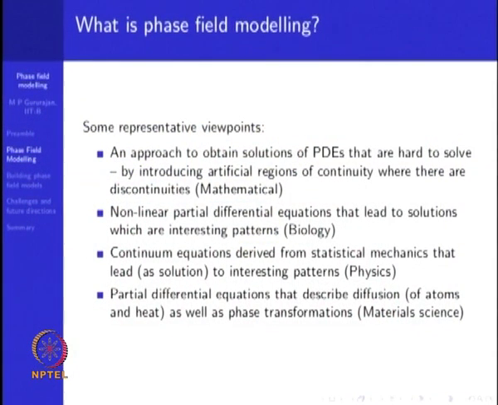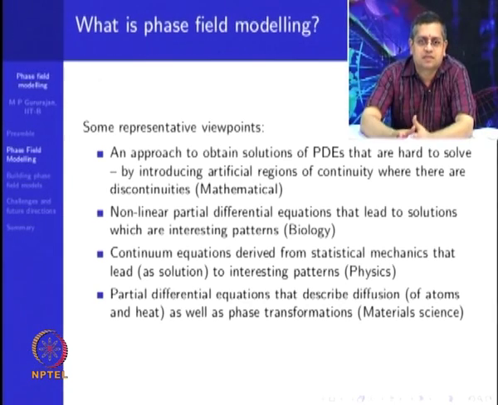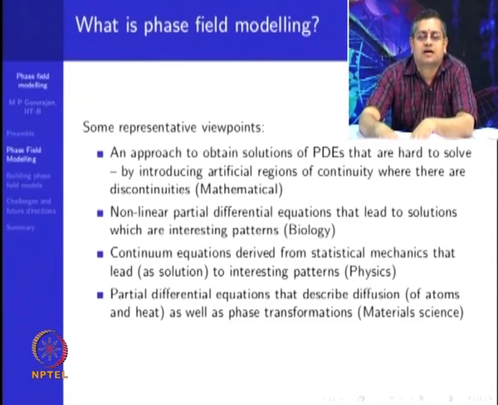The third viewpoint is that you can think of statistical mechanics, and you can think of problems in statistical mechanics that lead to interesting patterns, and what kind of coarse grained free energy you can derive from the statistical models, and then their minimization and how the system evolves during minimization, and things like that.